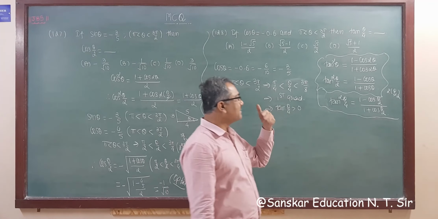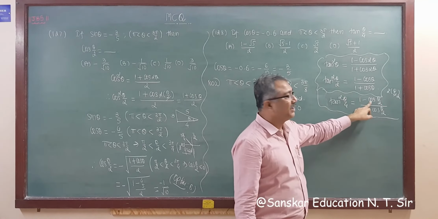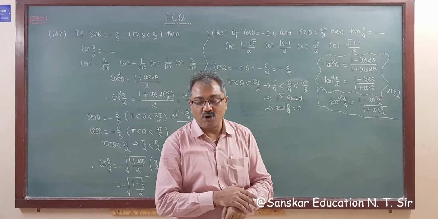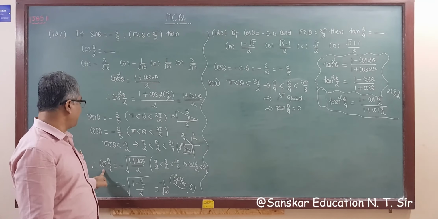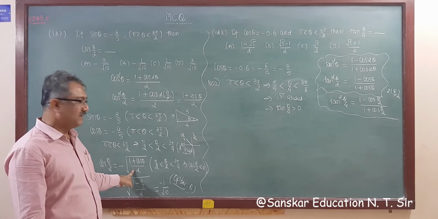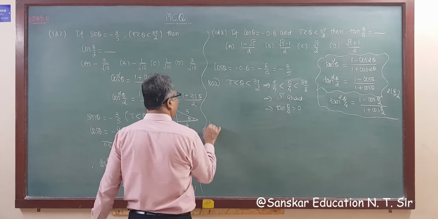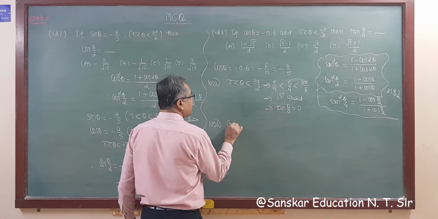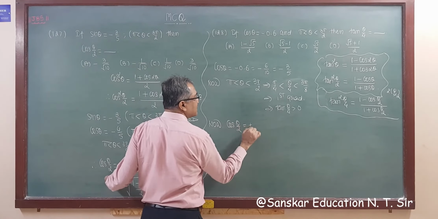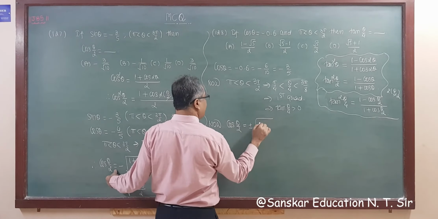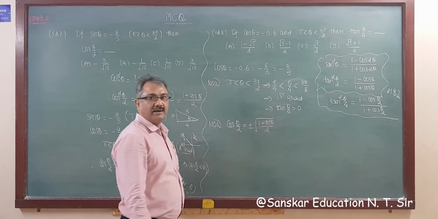So if we take a square root, then we have to take the positive square root. But before that, we have to find out the value of cos theta by 2. Applying this formula, cos theta by 2 is plus or minus square root of 1 plus cos theta divided by 2, right?